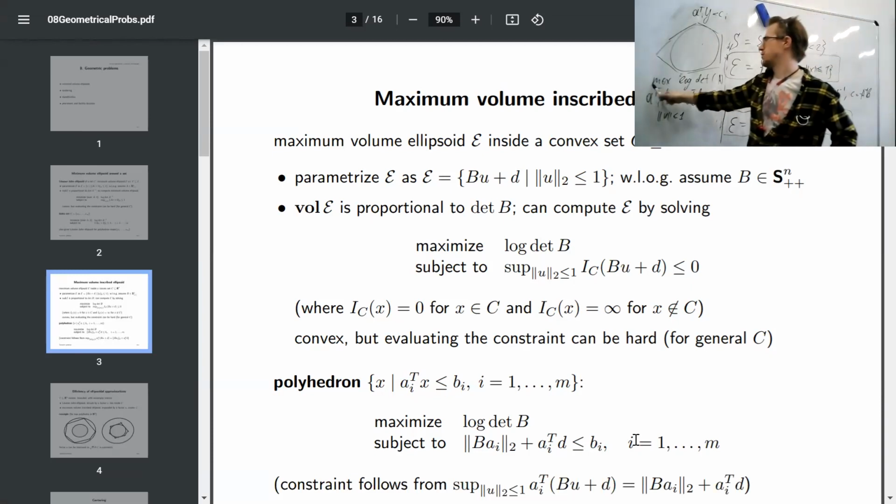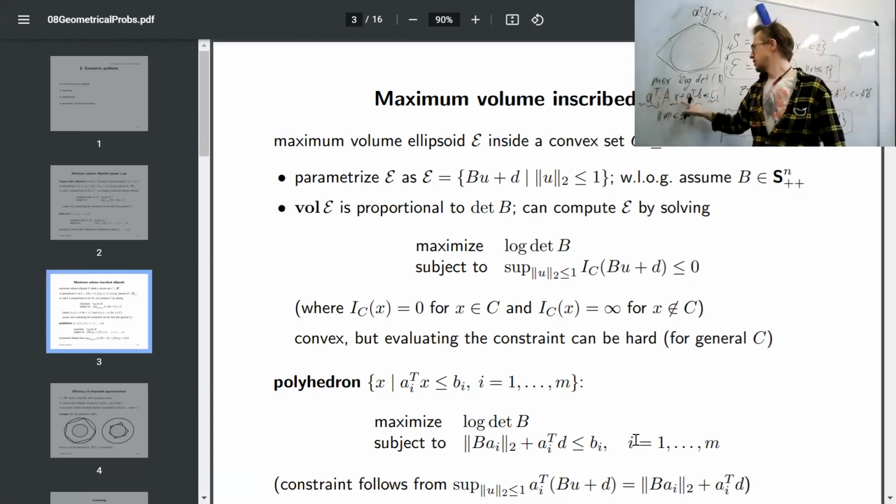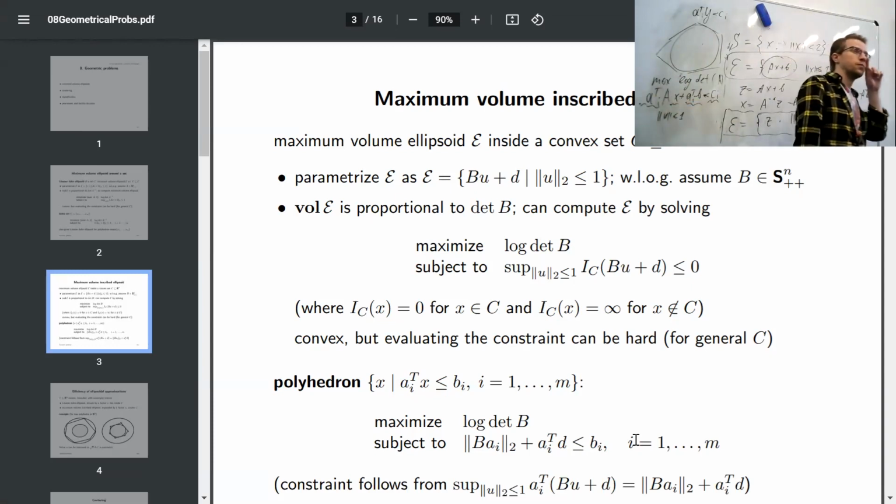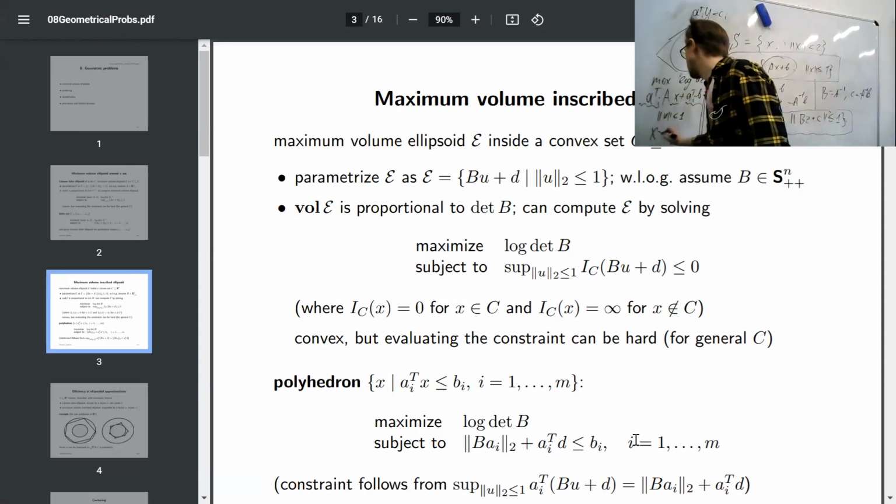So the worst case scenario is when this guy is aligned with this guy, because the length of this guy is fixed, but the direction can be changing. So, when are they aligned? Well, when x is equal to A transpose a_i.